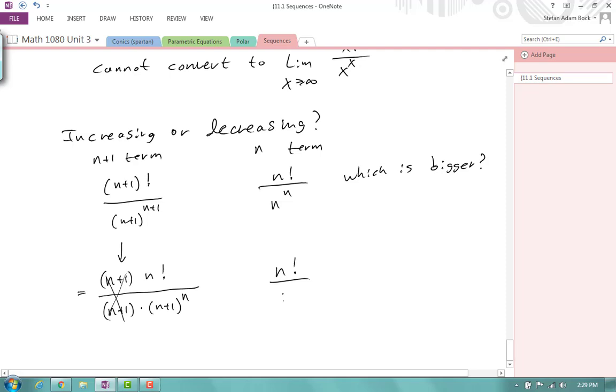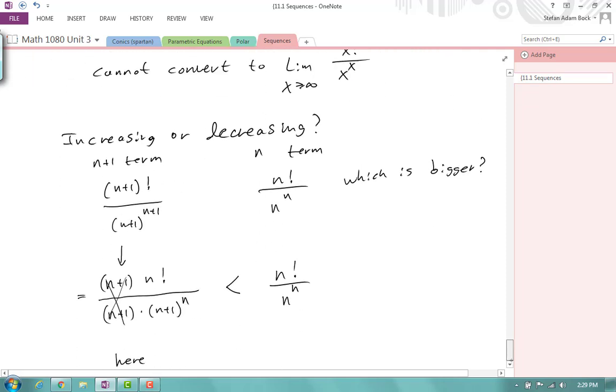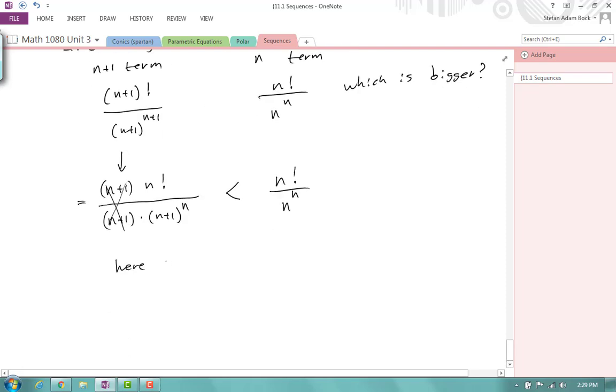So let me fix that: n to the n. Now here the denominator is larger, so I actually have a smaller fraction. Did I call this a sub n? Yes, I did. Here we see that a sub n plus 1 was smaller than a sub n. So my sequence is decreasing.